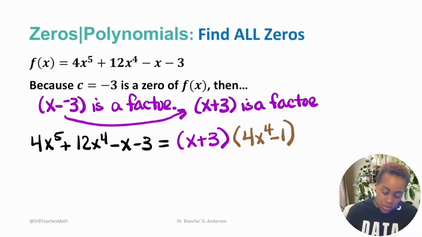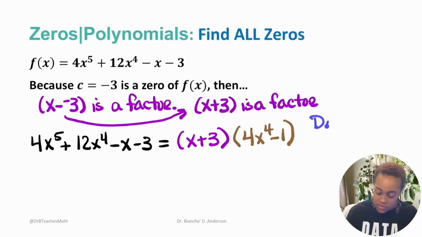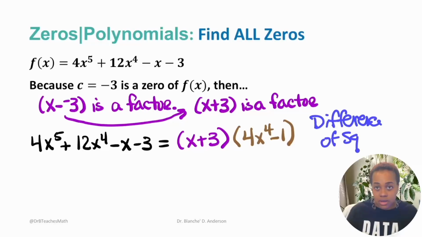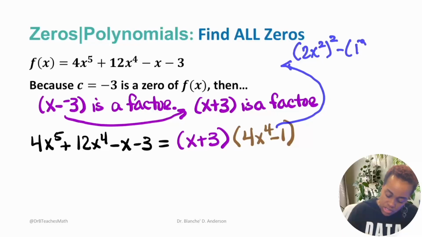Now, if we want to continue factoring this polynomial, does this look like anything to you? What about a difference of squares? Do you see it? That's 2x squared squared minus 1 squared. Okay, it's a difference of squares.